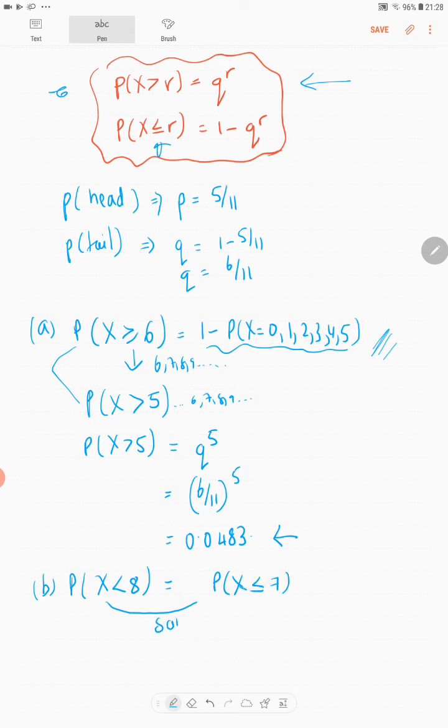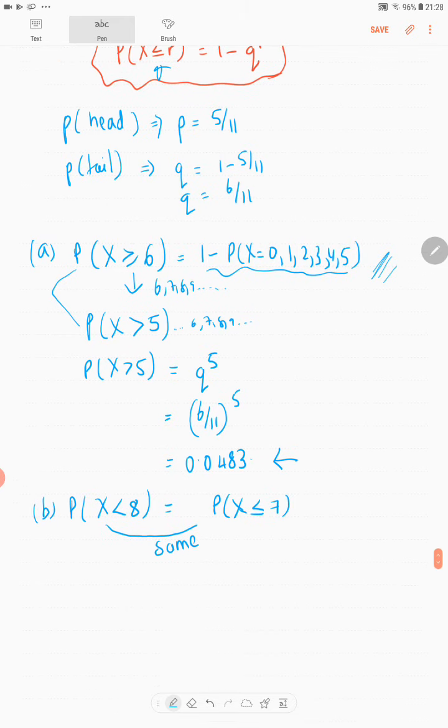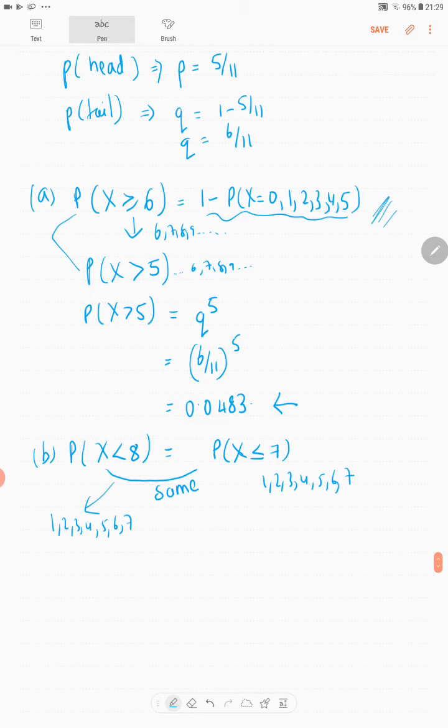These two are the same. Let us check. X less than 8, this means that we have values 1, 2, 3, 4, 5, 6, 7. X less or equal to 7, we have values 1, 2, 3, 4, 5, 6, 7. So these two are the same.